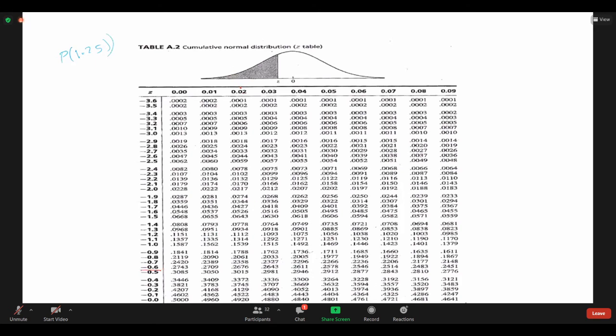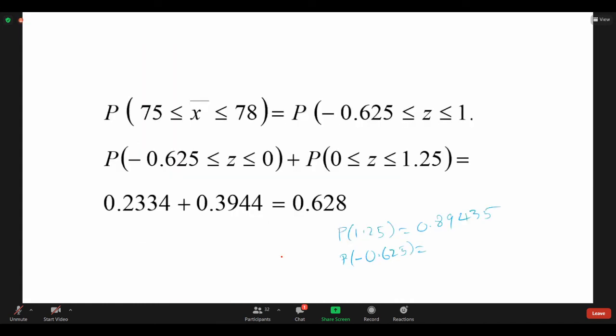In this column, we look at the corresponding value, which is 0.2676. Let's subtract that one.